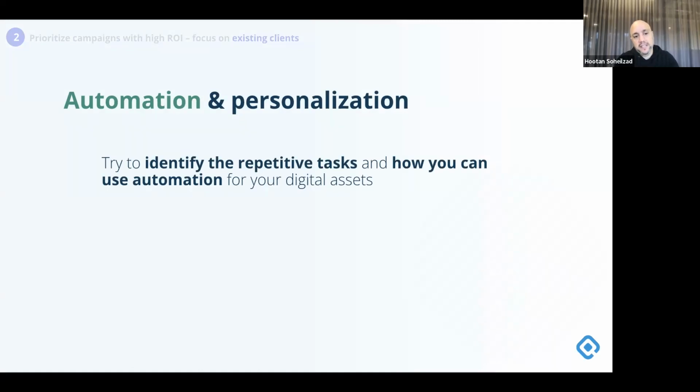So first of all, what marketers should try to do is identify the repetitive tasks they have and how they can use automation for creating digital assets and content. And again, according to the study McKinsey did, up to 40% of the time of a communicator or marketer is wasted on repetitive manual work.